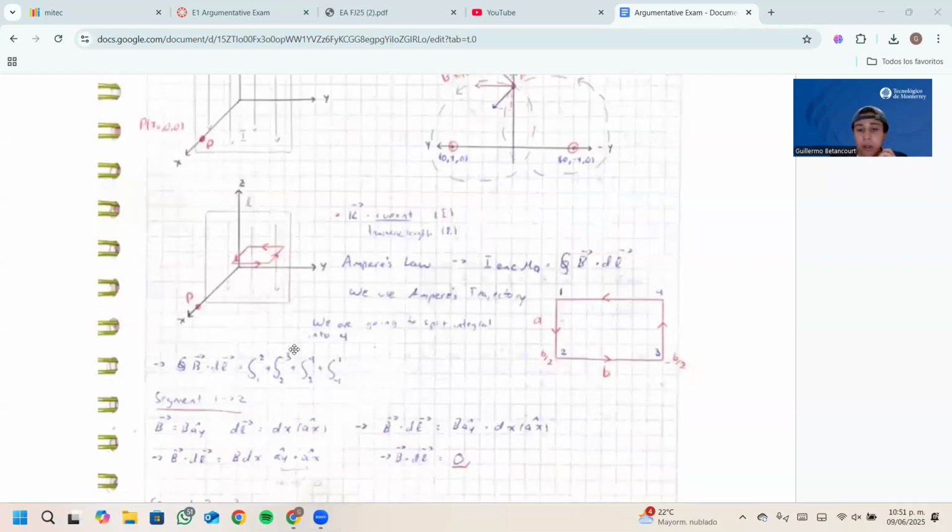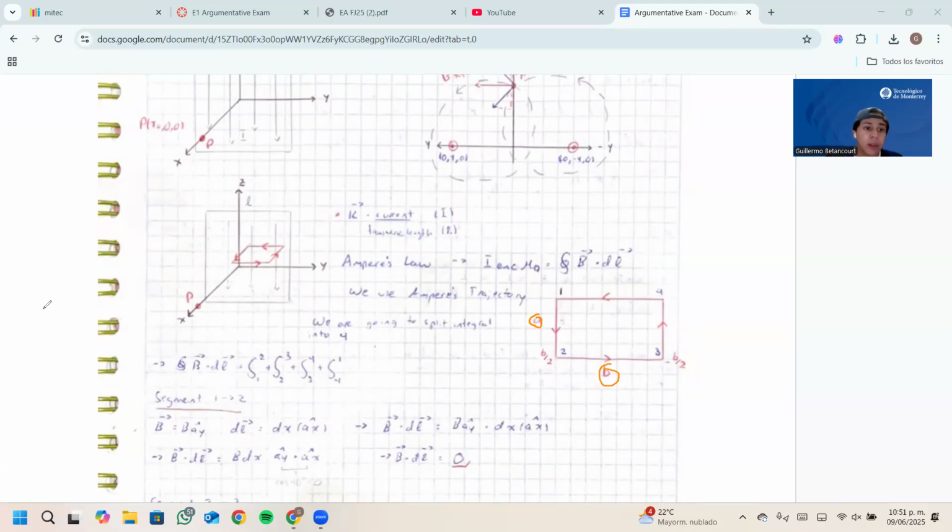So now we're going to analyze this with Ampere's law, and we're going to use the Amperian trajectory. For this, we're going to first label our square with this side A, this side B, and points 1, 2, 3, and 4.